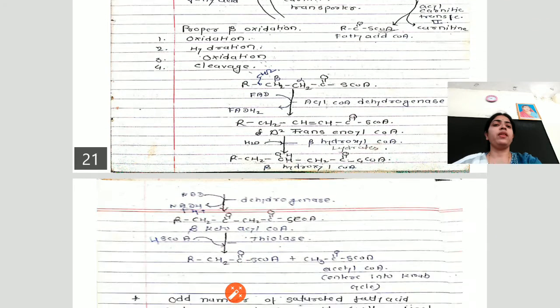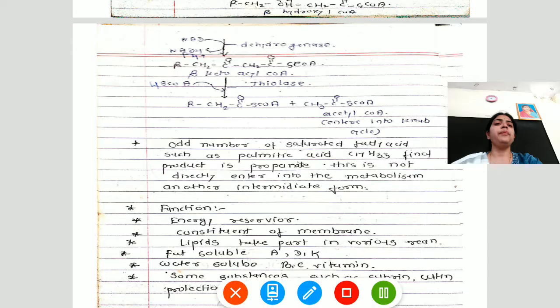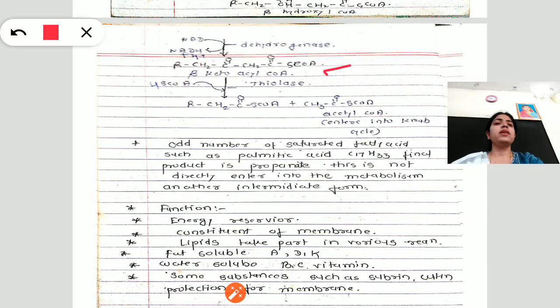Later on, this delta-2 trans-enoyl CoA is converted into beta hydroxyacyl CoA in the presence of the enzyme enoyl CoA hydratase. Then this beta hydroxyacyl CoA is converted into beta ketoacyl CoA in the presence of the enzyme dehydrogenase. In this process, NAD is converted into NADH and H+.